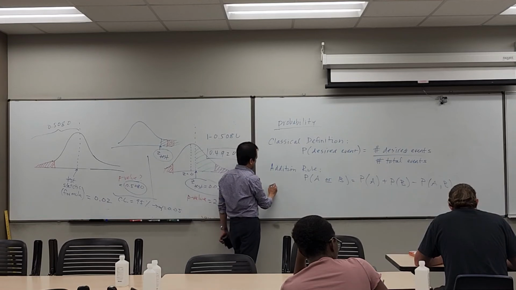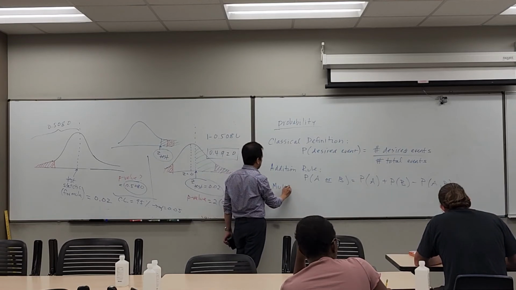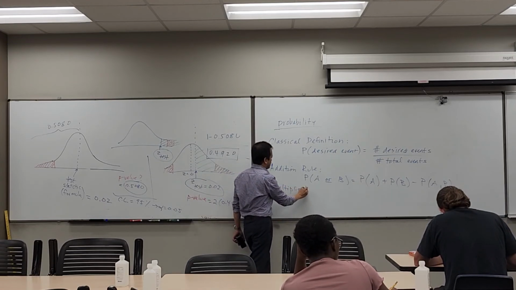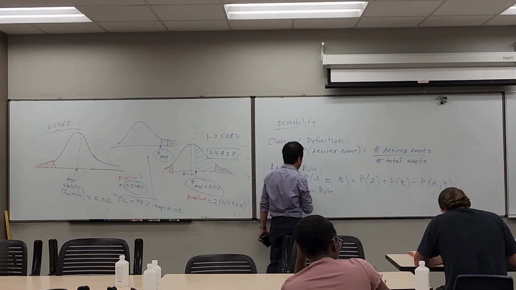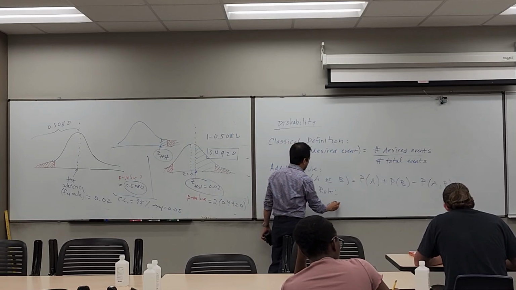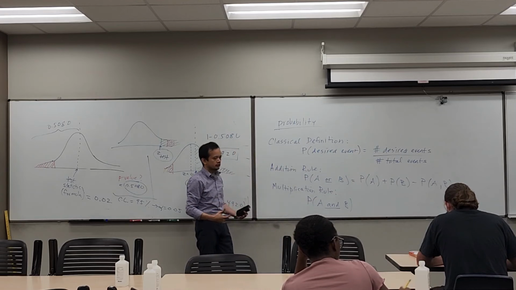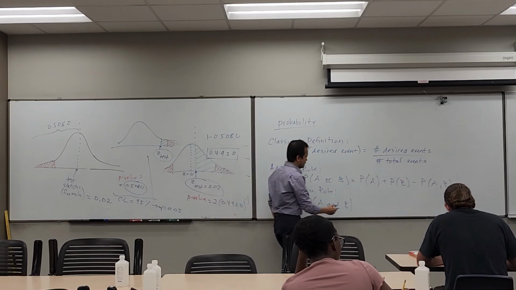And then we talked about multiplication rule. That's for events joined by and. Yep, joined by and, which means they both have to occur together in the same situation.